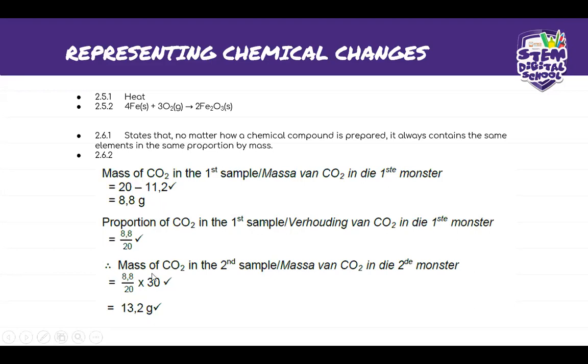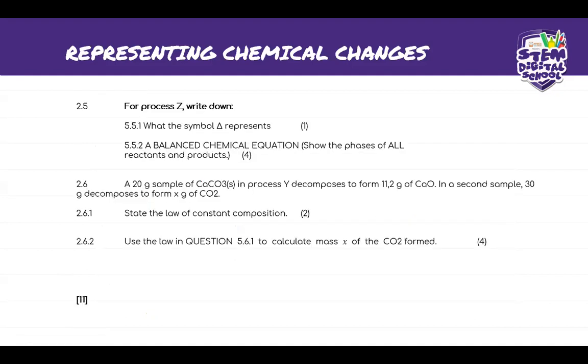So the mass of the carbon dioxide in the second sample: basically this is the ratio that we did, right? Here it's going to be 8.8 divided by 20 equals x divided by 30, because the total of the second sample is 30.